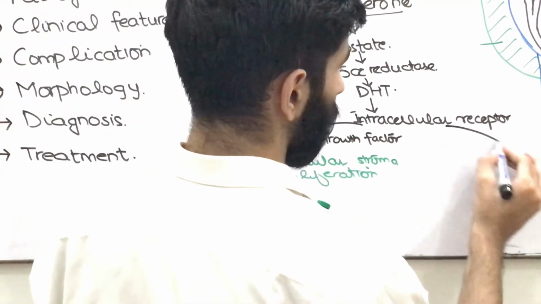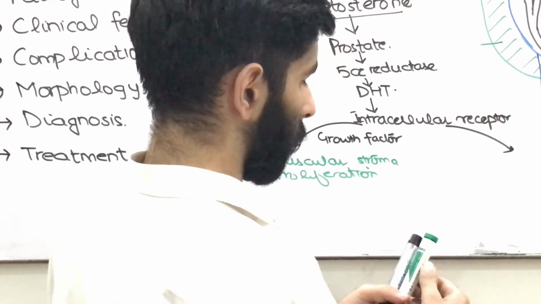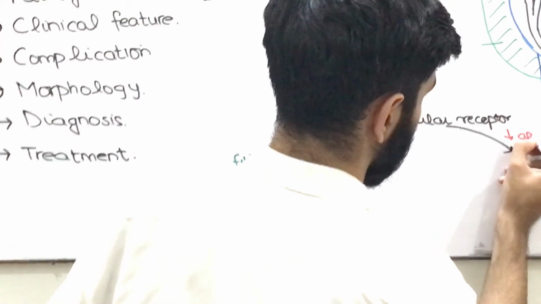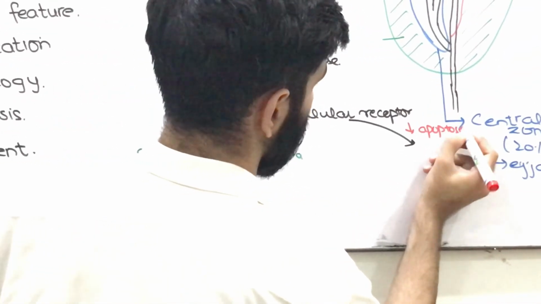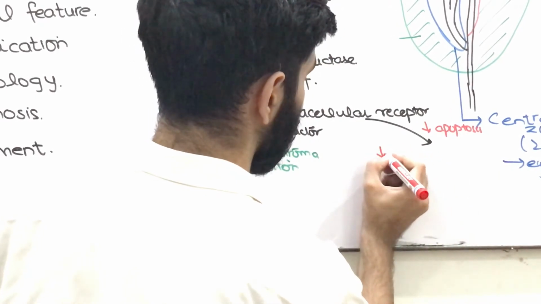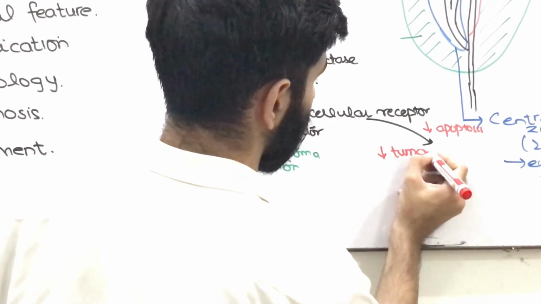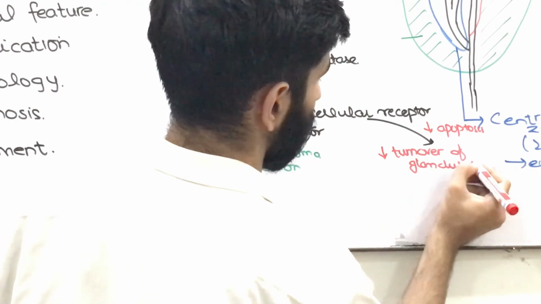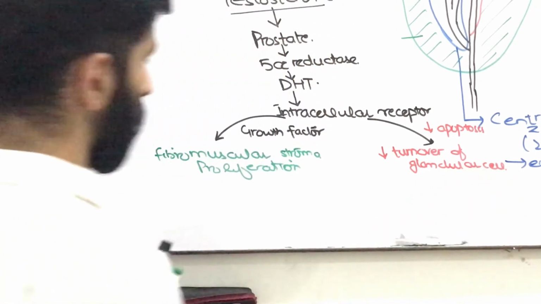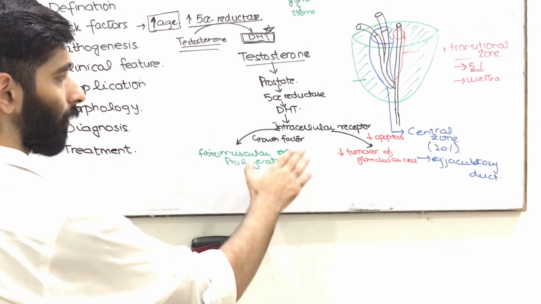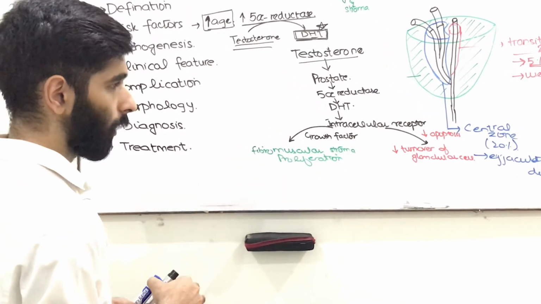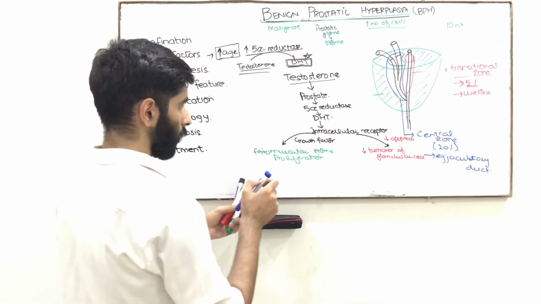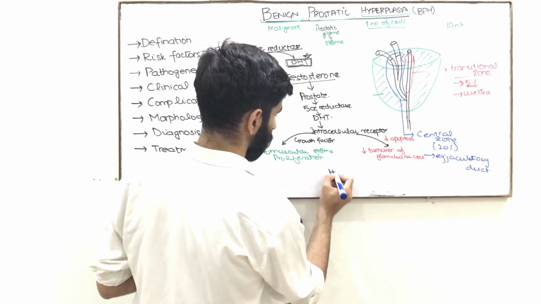Secondly, it inhibits apoptosis, therefore there is a decrease in the turnover of glandular cells. So it increases the proliferation of the fibromuscular stroma and decreases the turnover, or apoptosis, of the glandular cells.